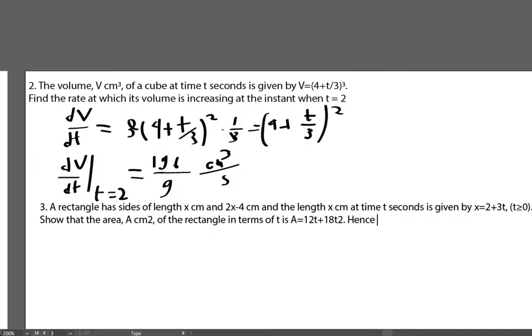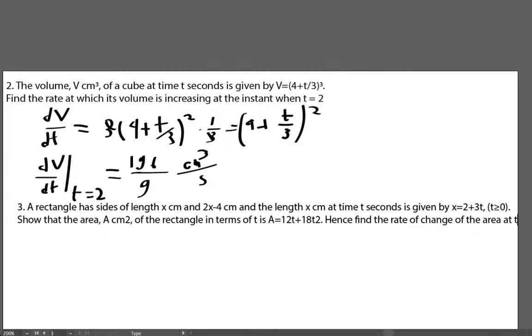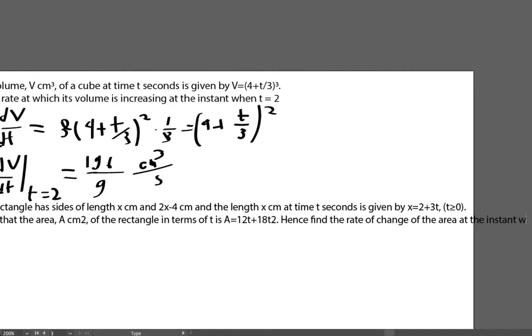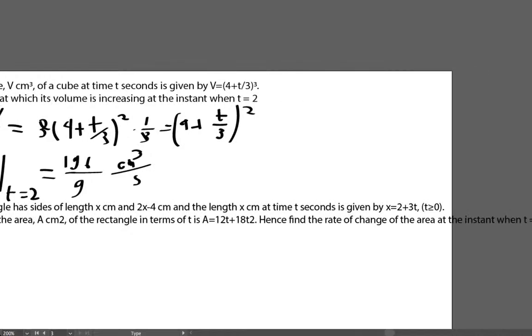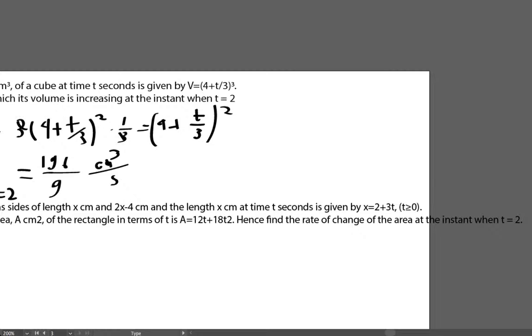Hence, find the rate of change of the area at the instant when t equals to 2. Okay, a pretty similar problem.